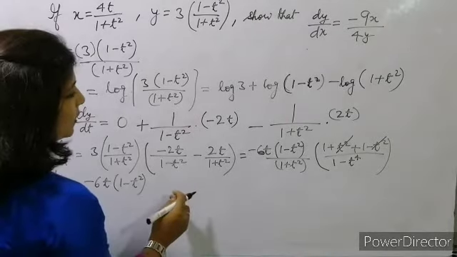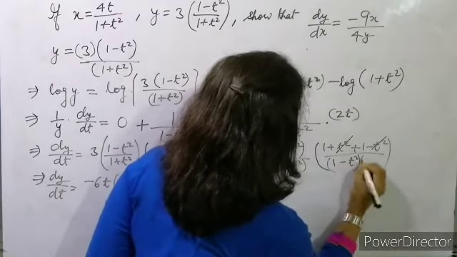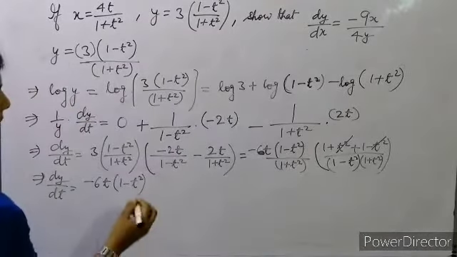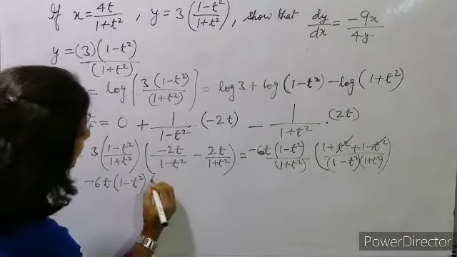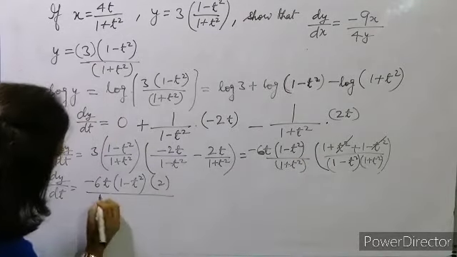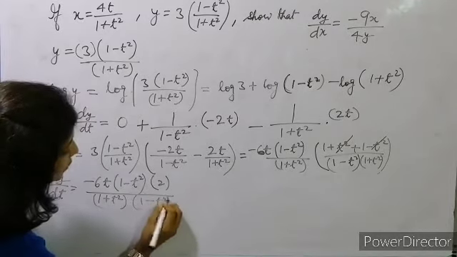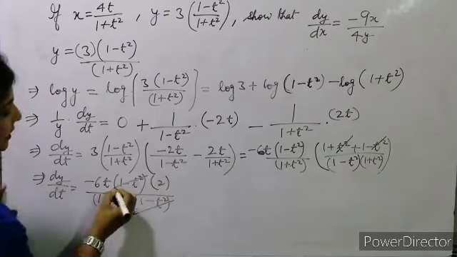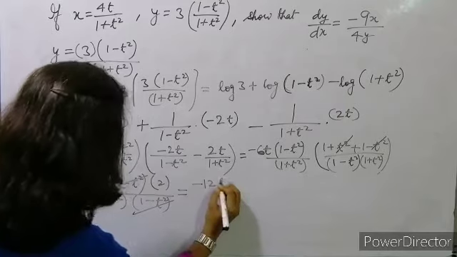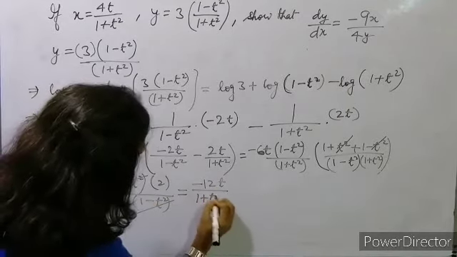Let's keep it in terms of 1 minus t square and 1 plus t square. So 1 minus t square multiplied by 1 plus 1, which is 2, and divided by 1 plus t square and 1 minus t square. The 1 minus t square cancels, so the value we get is minus 12t divided by 1 plus t square.